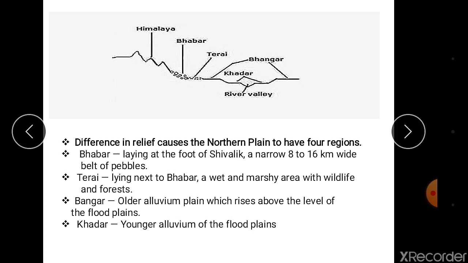After Tarai, Bhangar, the older alluvium floodplain, then Khadar. So this is the main formation of the northern plains. In this way, the northern plain is divided.